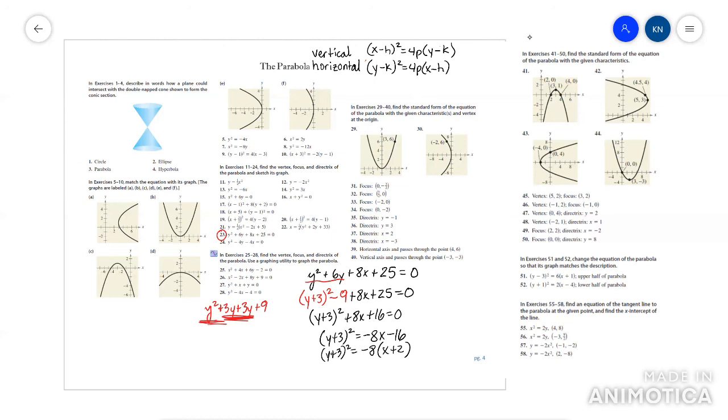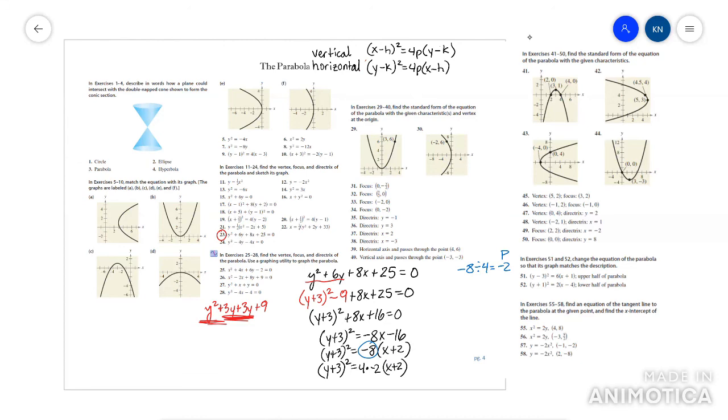Whenever I do a GCF, I imagine if I redistribute, I get back to my original. Okay, and then the last thing to do here is take this negative 8 off to the side and divide it by 4 so you can get your p-value of negative 2. So this problem is really y plus 3 squared equals 4 times negative 2 times x plus 2.